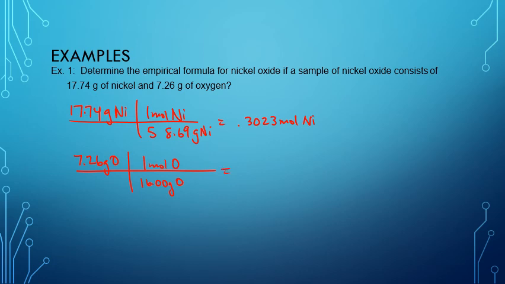And now when I divide that, I have 0.4538 for my moles of oxygen. So I now have my 2 sets of moles, so I need to get my mole ratio. The easiest thing to do is to divide by the smallest number of moles. So I'm going to divide each one of these by the 0.3023 moles.